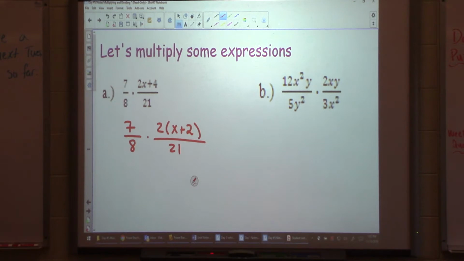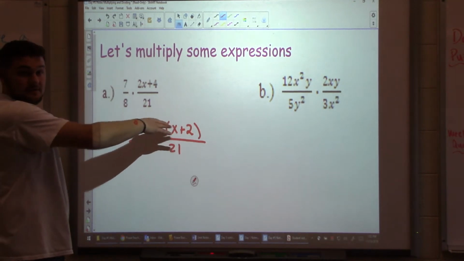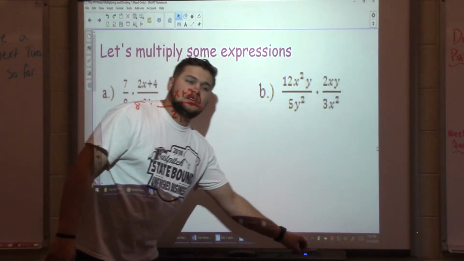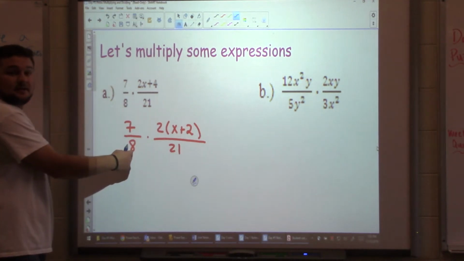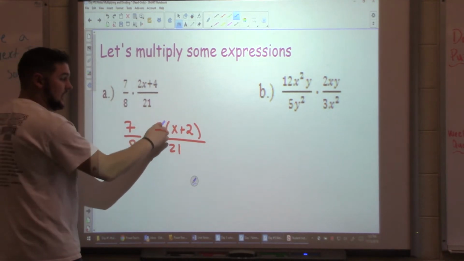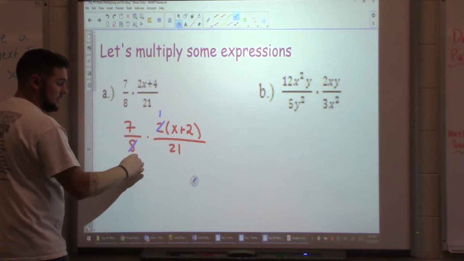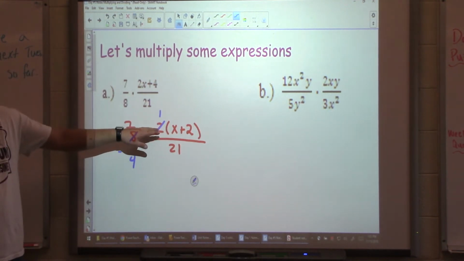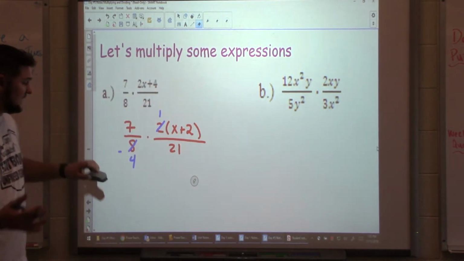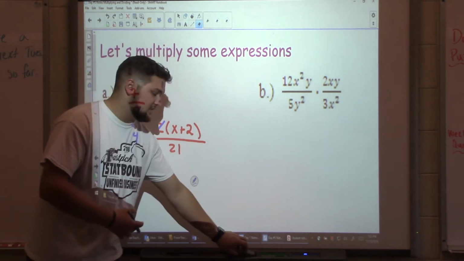It doesn't matter if it's in the same fraction or not. If I have a 2 in my numerator and an 8 in my denominator, I can take a 2 out of both of those. I'm left with 1 and I'm left with 4. It doesn't matter that they're in different fractions, because if I multiplied it, they'd all be in one fraction anyway.